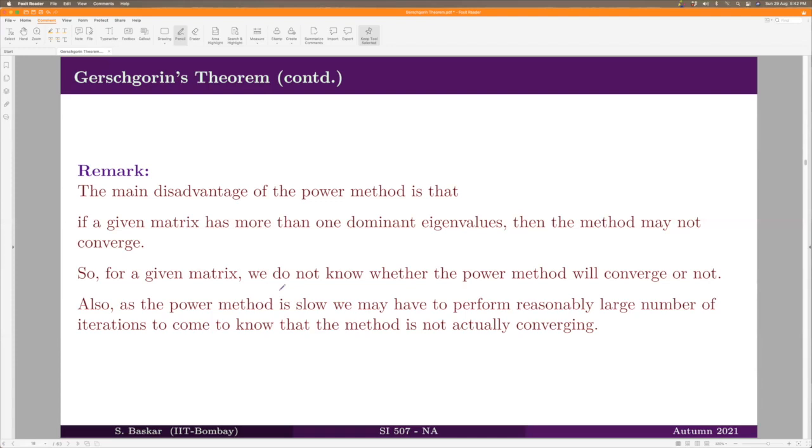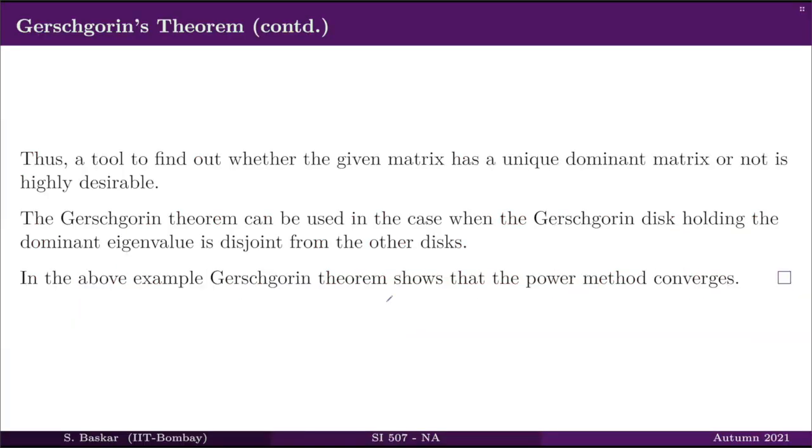Therefore, if you just want to computationally see whether the power method is going to converge or not, you really have to do a very large number of iterations. But if you are lucky, Gerschgorin theorem may be used to conclude, at least from the hypothesis 1 point of view, whether you can really go for the power method or not. In that way, Gerschgorin theorem is very interesting and useful for those who use the power method.